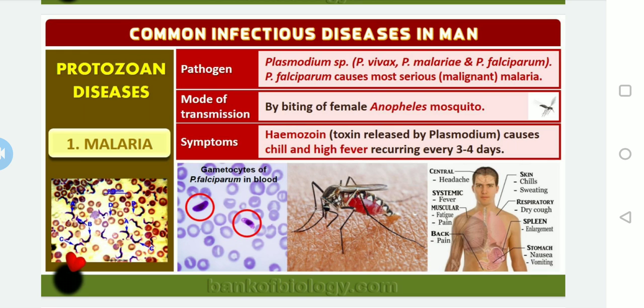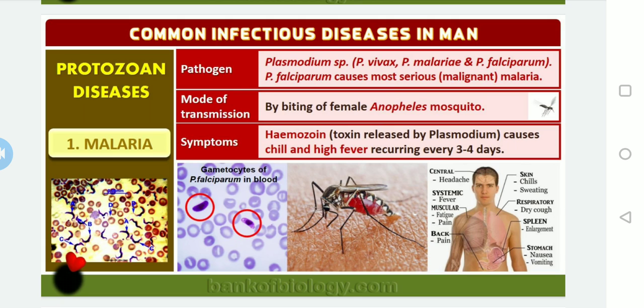This Plasmodium selects the RBCs as host cells so that they start the destruction of the RBCs. That's why the liver and RBCs get affected due to malaria.